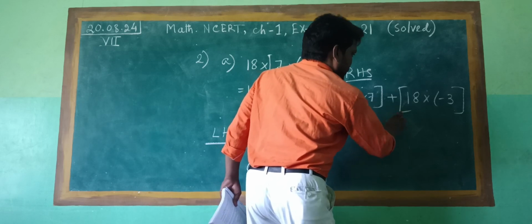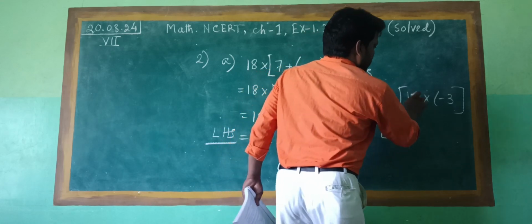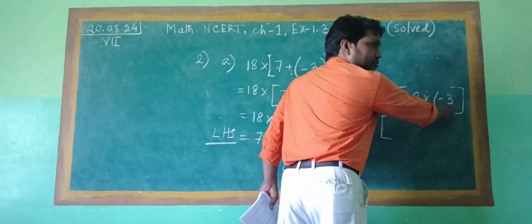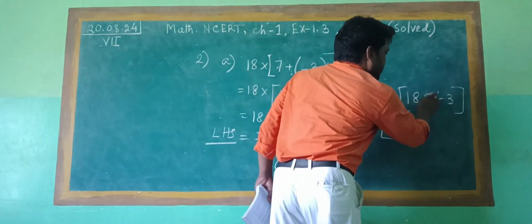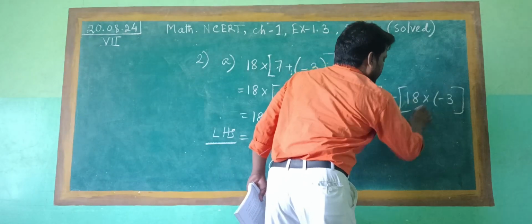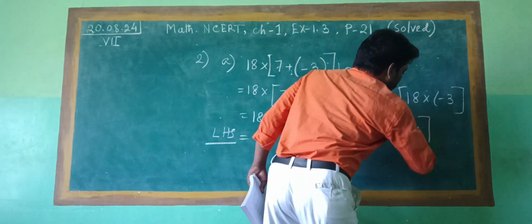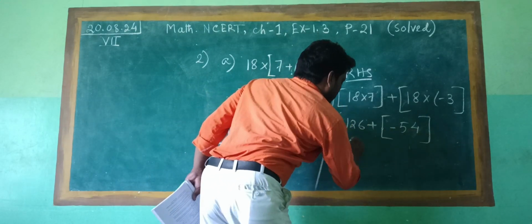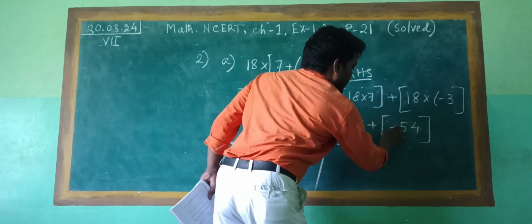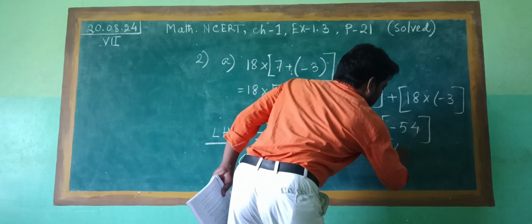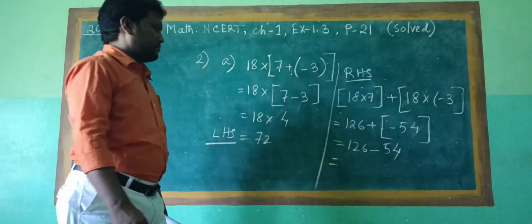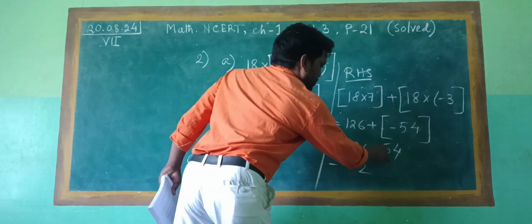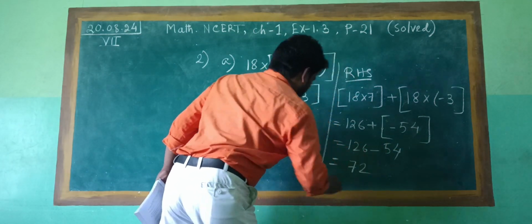You may use the bracket at first. 18 into minus 3, that means plus minus minus, 18 times 3 is 54. Then omit the bracket. 126 plus minus minus 54, then 72.